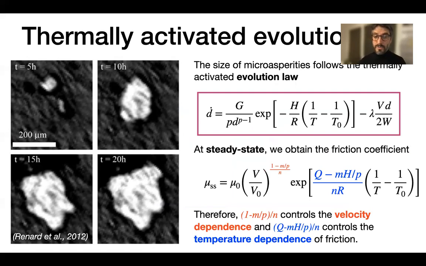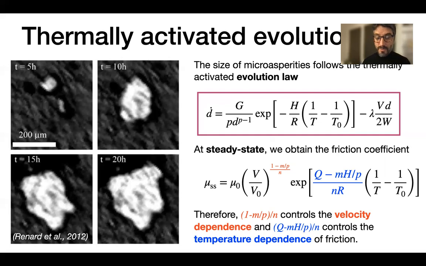The healing term is thermally activated with an activation enthalpy H, and contact rejuvenation, which creates weakening, depends on the velocity of sliding, the width of the gouge layer, and a characteristic strain, here parameterized with the letter lambda. It is useful to look at the steady state frictional response to highlight some important parameters.